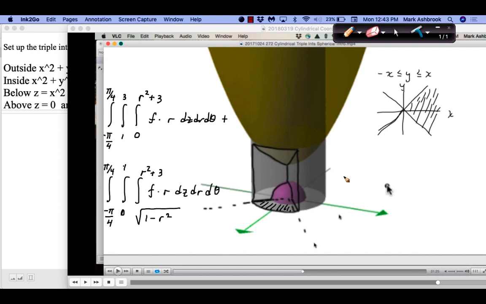The outside double integral is like this thing projected into the xy plane. For what values in the xy plane do we go from the sphere up? So here, I'll draw that. So if we project this into the xy plane, we get this.